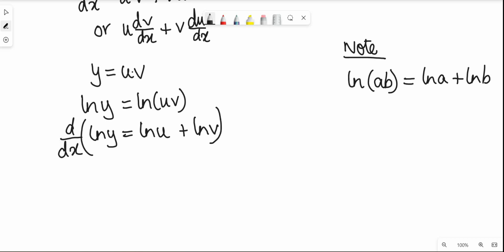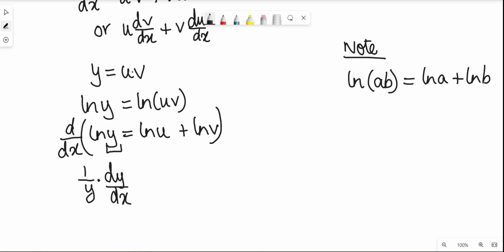So y is a function of x, as we defined earlier. We're going to have to use the chain rule, which is 1 over y times the derivative of the inside, which is dy by dx. That is the derivative of ln of y with respect to x.